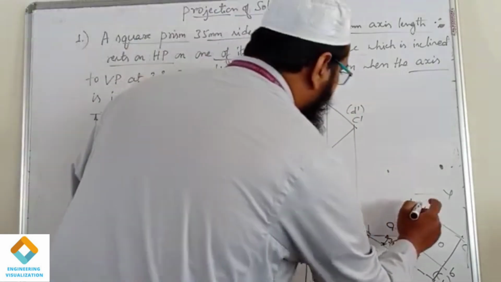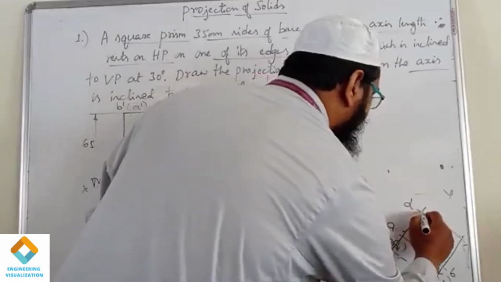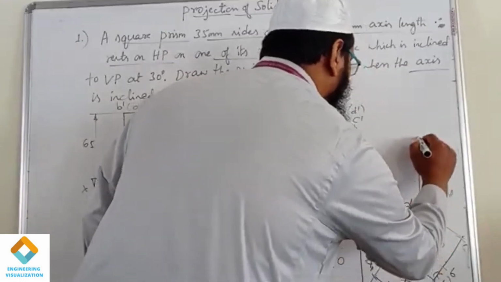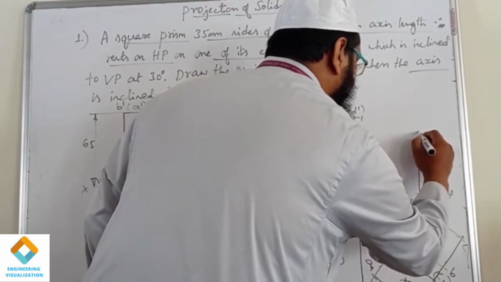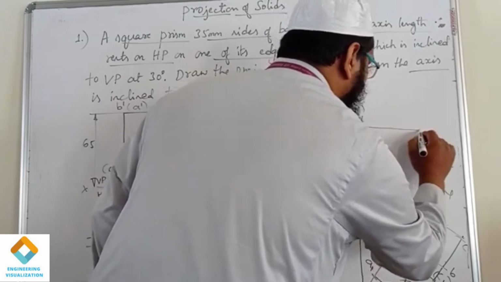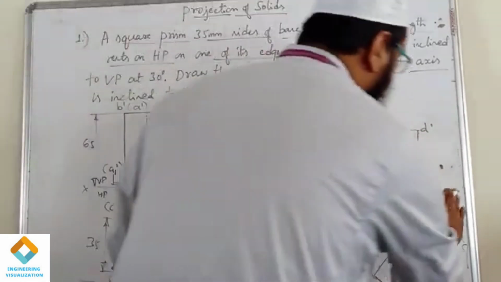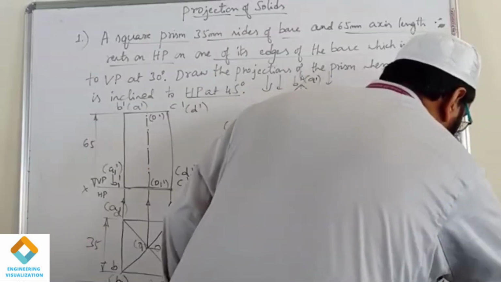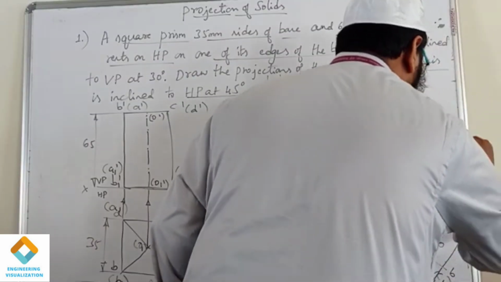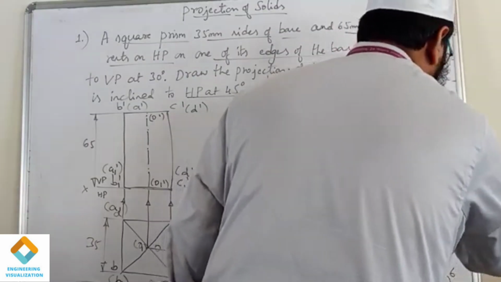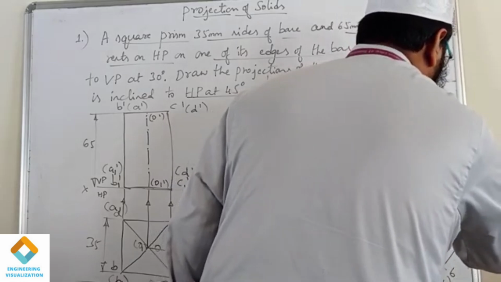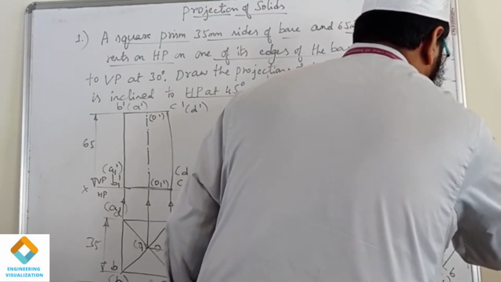You can see that. So draw a projection line till here only. So here we have D dash. Similarly, you can write for C dash also. C dash we get here only, right? So this is C dash.